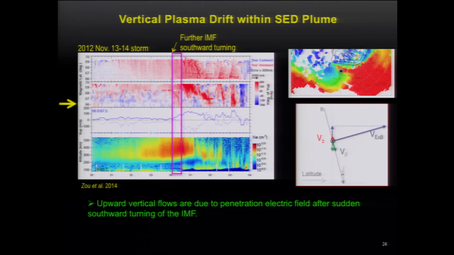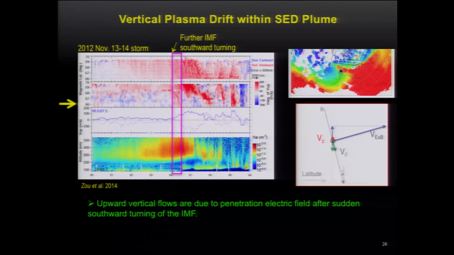In some cases, the radar is directly underneath the SED plume, so we can look at the dynamics happening there. This is another storm. After a further IMF southward turning, we see the sudden penetration electric field very clearly, the sudden increase of the convection over several degrees latitude, and the E cross B induced upward drift here, and you also see the density increase, in particular in the topside.